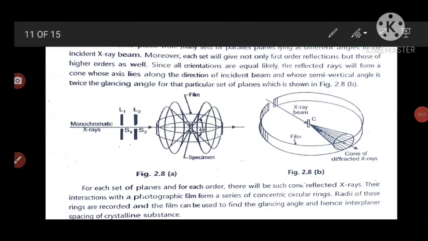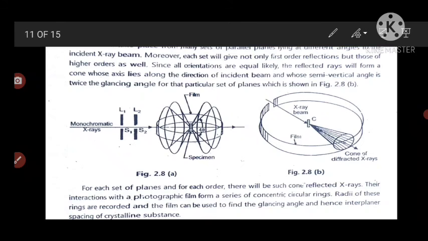See here the basic principle of this method. In this method, the millions of tiny crystals in the powder are randomly oriented, and all possible diffraction planes will be available.